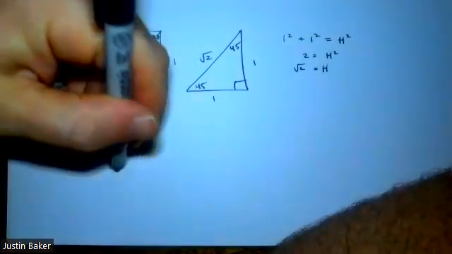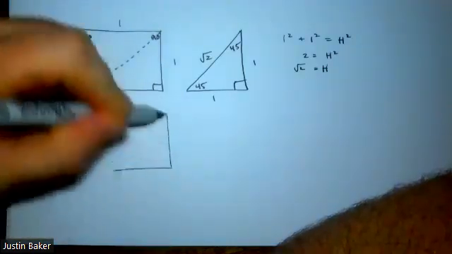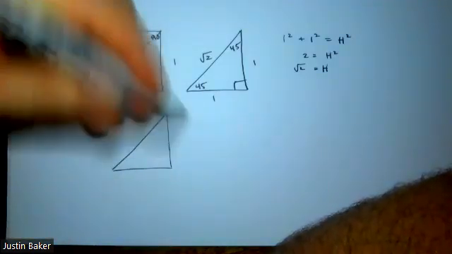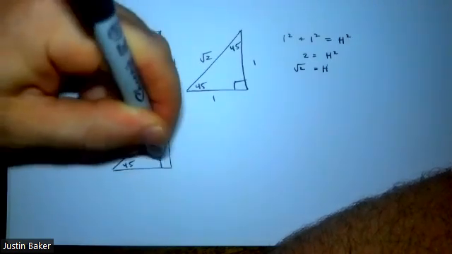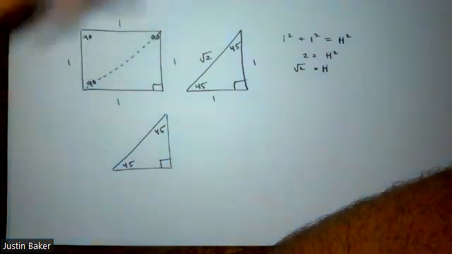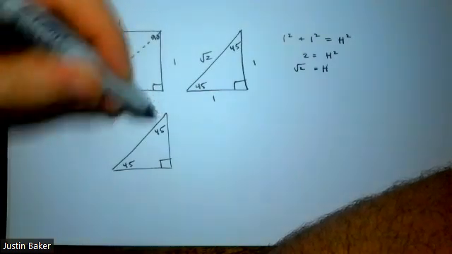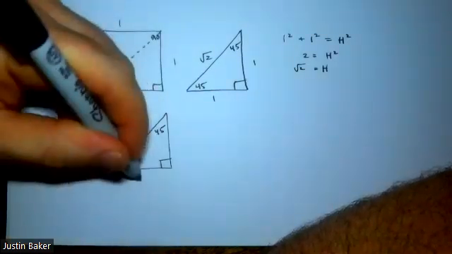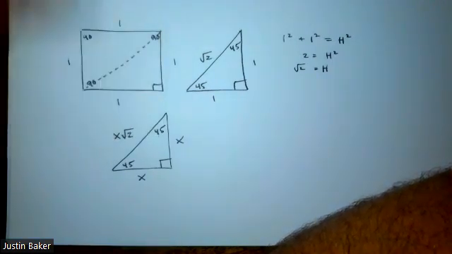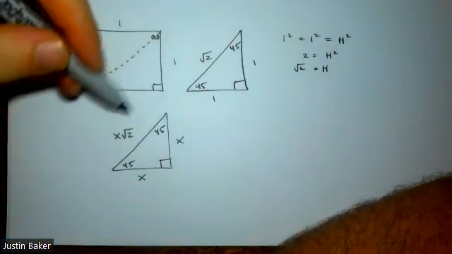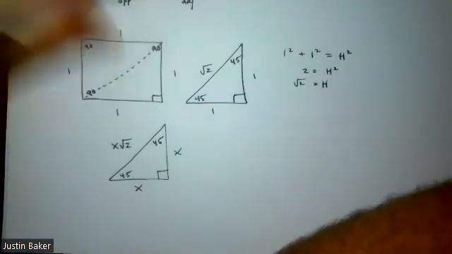So when you're looking at a right triangle in a 45, 45, 90 triangle, this should hopefully sound familiar to you guys from pre-calc, but it's always x, x, x root 2. So that pattern consistently holds up in 45, 45, 90.